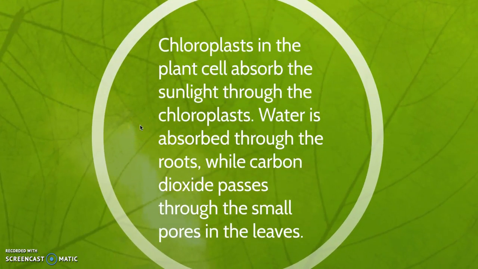So overall, chloroplasts in the plant cell absorb the sunlight. Those are what I said make the plant green. And then water is absorbed through the roots, while carbon dioxide in the air passes through small pores in the leaves. So I really want you to be able to memorize this definition of what photosynthesis is, and it'll help you later in the assignment as well.